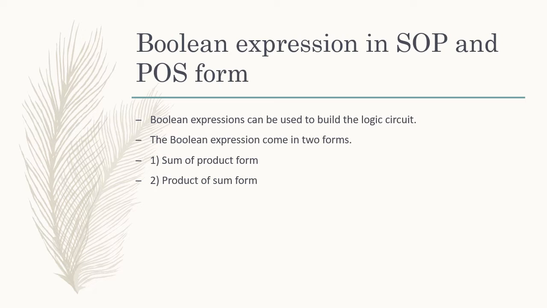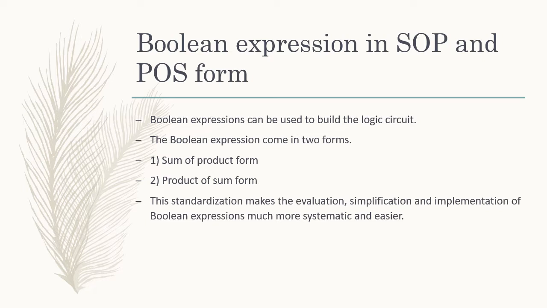That's why most of the time we use the Boolean expression for building the logic circuit. And these Boolean expressions come in two forms, SOP form as well as POS form. The standardization makes the evaluation, simplification and implementation of Boolean expressions much more systematic and easier.